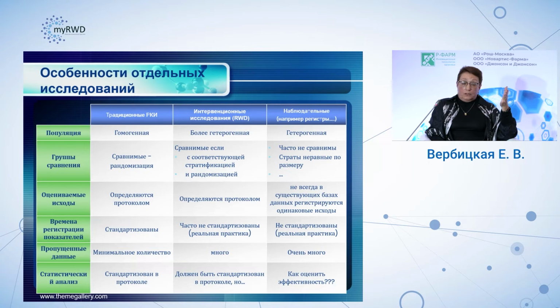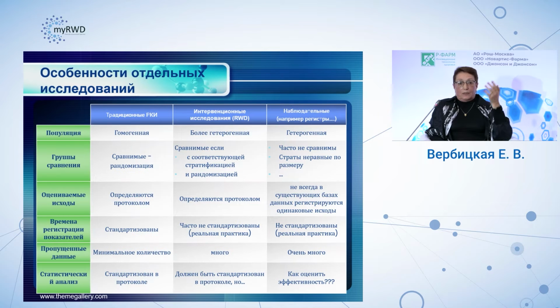We assess outcomes clearly formulated in classical trials. They are defined by the protocol. In interventional trials, as to observational trials, the databases do not always register the same approach to the registration of outcome.